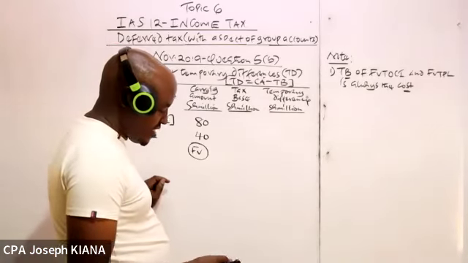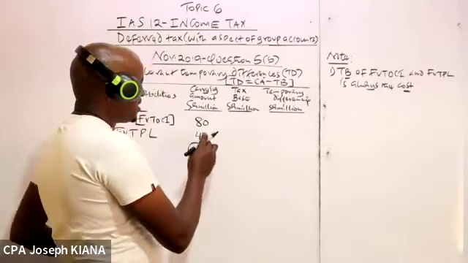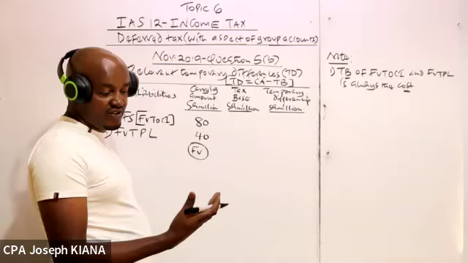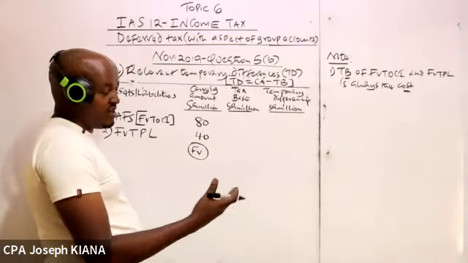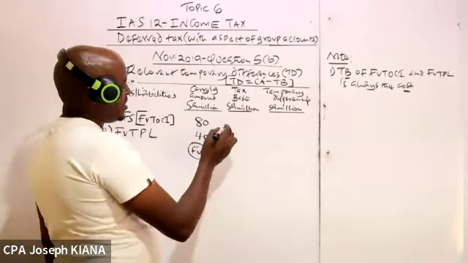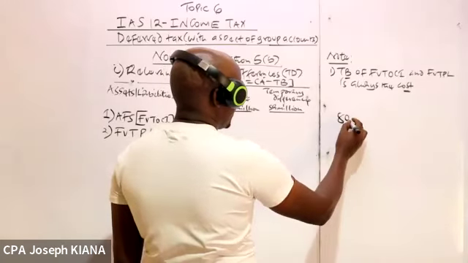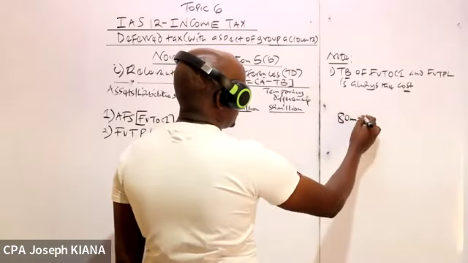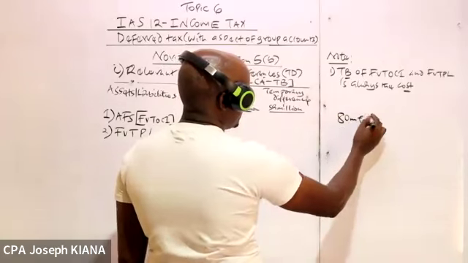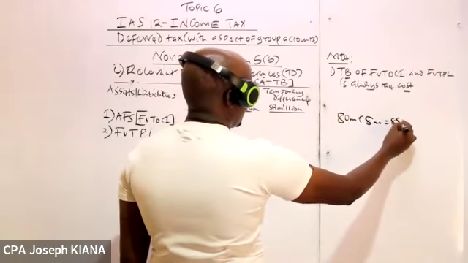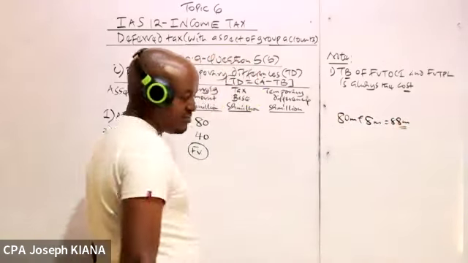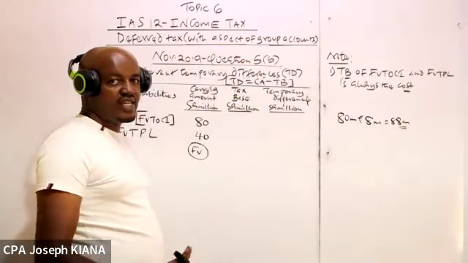To determine the cost here, we take the fair value at the end of the year, which has reduced by 8 million, and then we add 8. We add 8 because its market value at the end of the year was 80 million, but taking into account that its value had reduced by 8 million, it basically means that the company had bought this financial asset at 88 million.